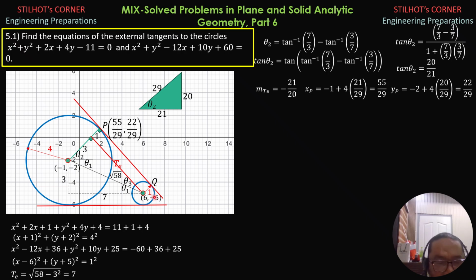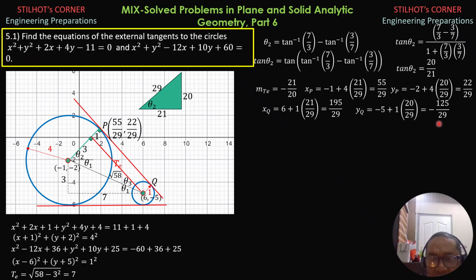While Q is 6, going to the right, plus radius 1 times cosine theta 2. So 6 plus 21 over 29, that is 195 over 29. Y sub Q is negative 5 plus 1 times sine of theta 2. Sine theta 2 is 20 over 29, and that is negative 125 over 29. So Q is at that point.